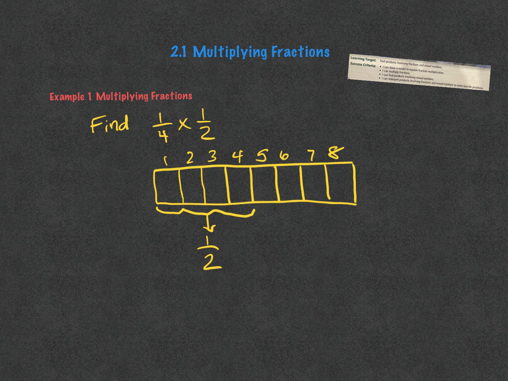Now, if I take 1/2 of my entire tape and show you what 1/4 of that 1/2 is, I would simply be taking 1 out of 1, 2, 3, 4. So here's my 1/4. This is my half of my area, and I took 1/4 of it.